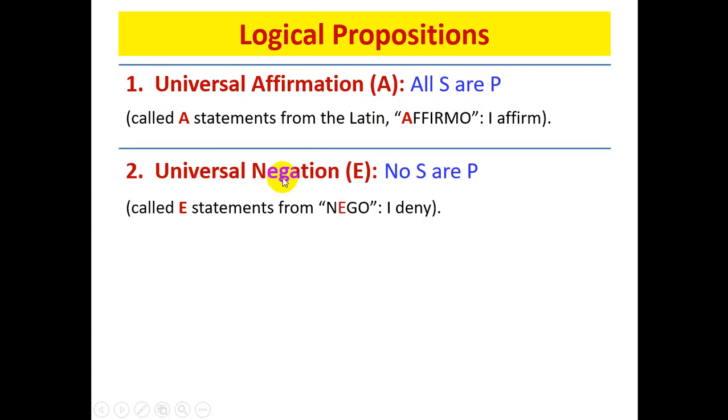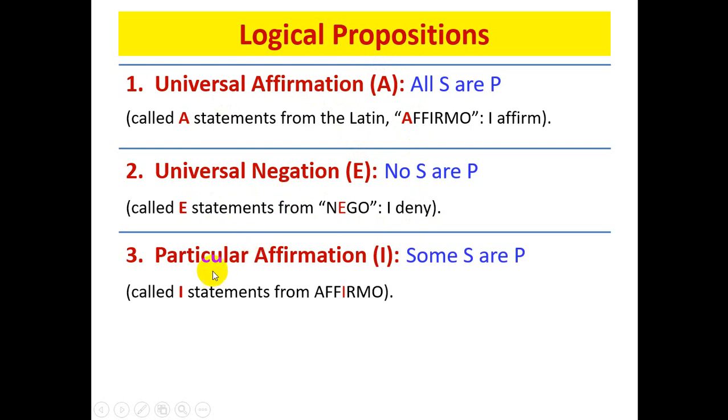Universal negation, because this proposition or statement is in the negative form, because we used no. And at the same time, the word no is universal. So it is called universal negation, and it is referred to as E. Why? This is from the Latin word nego. Nego means I deny. So this is A, universal affirmation, and this is E, universal negation.